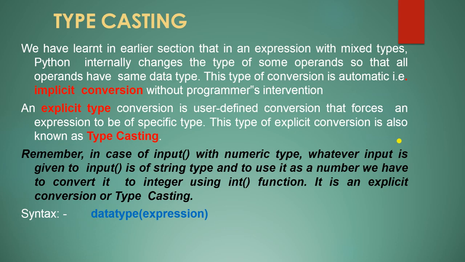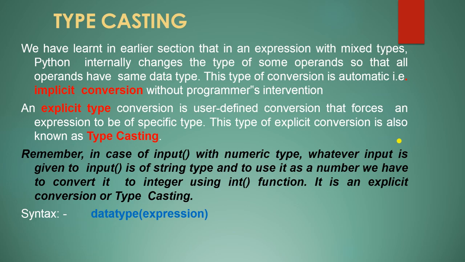Now you have to remember that in case of input with numeric type, whatever input is given to the input function is of string type, and to use it as a number, we have to convert it to integer using the int function.